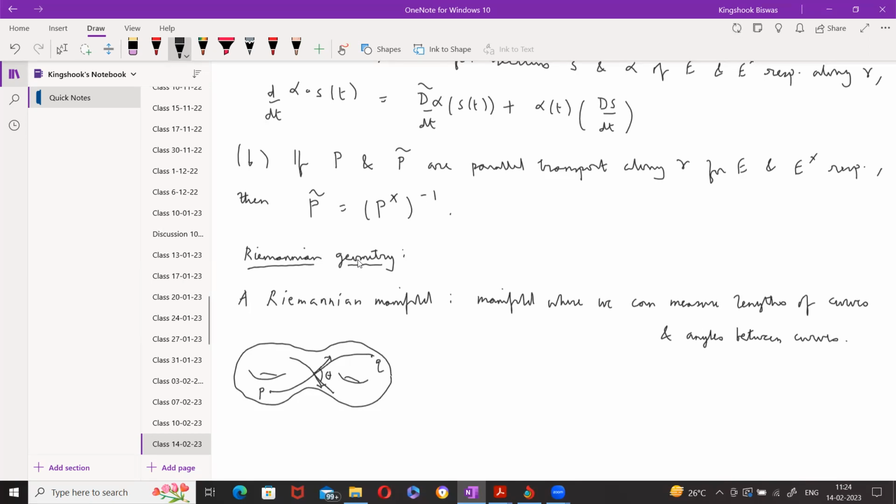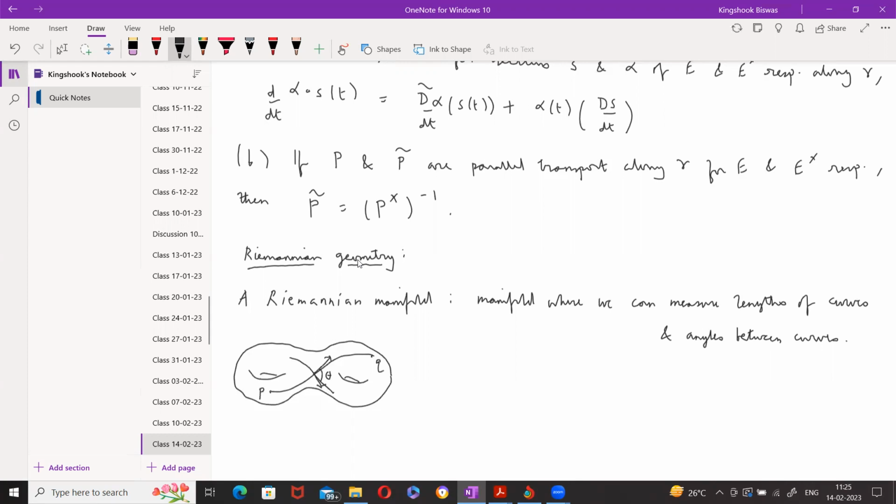That means on each tangent space, we should have a norm. Each tangent space, T_P M, should be a normed vector space. That will allow us to measure lengths of curves: given a curve gamma, you just integrate the norm of gamma prime t dt, and that will give you the length of the curve.